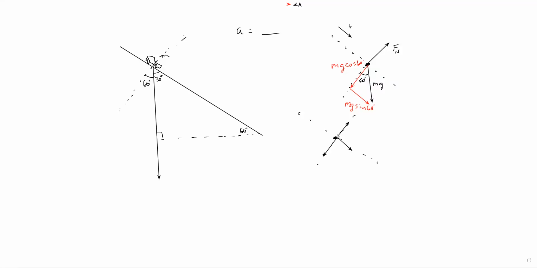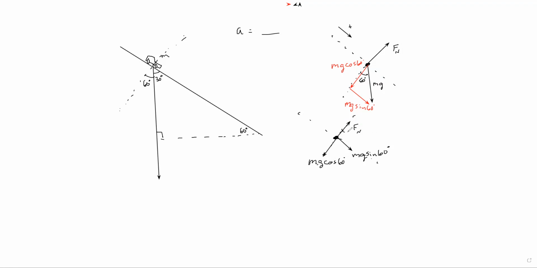I got my normal force right there. This is my normal force. This is going to be mg sine of 60. This right here is going to be mg cosine of 60.